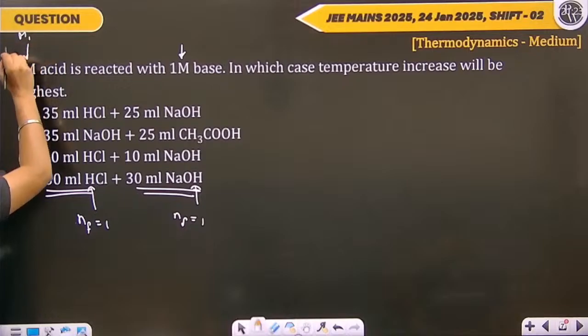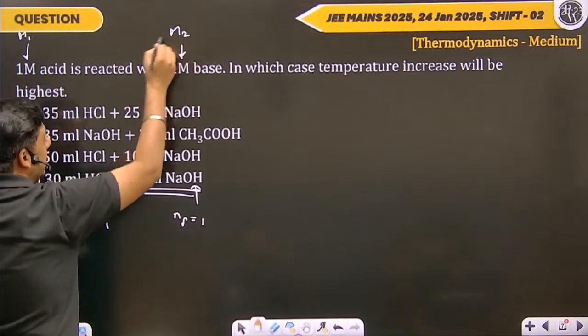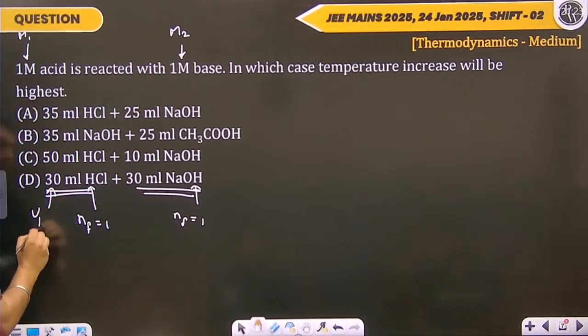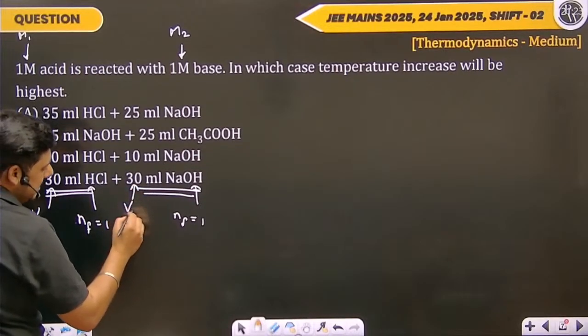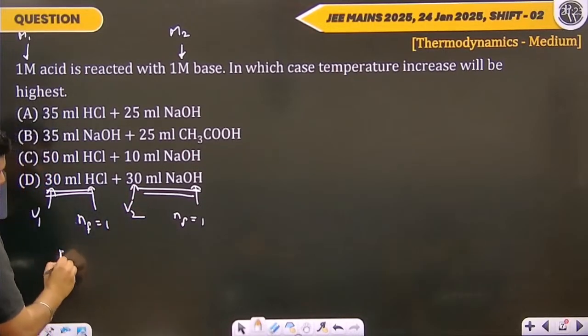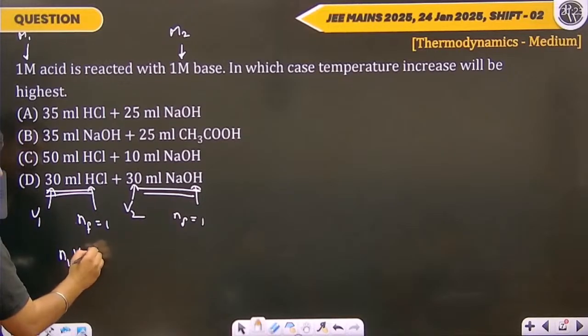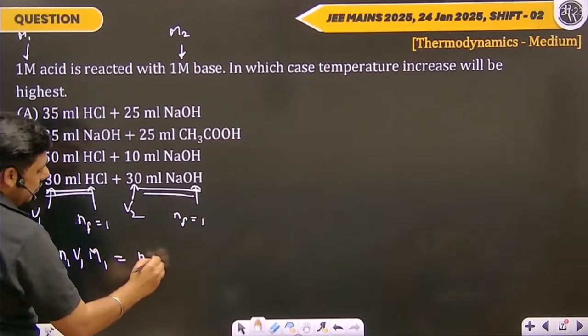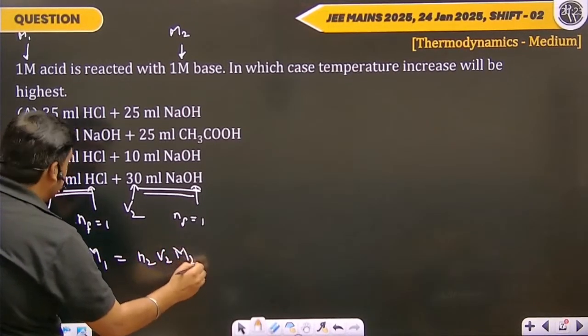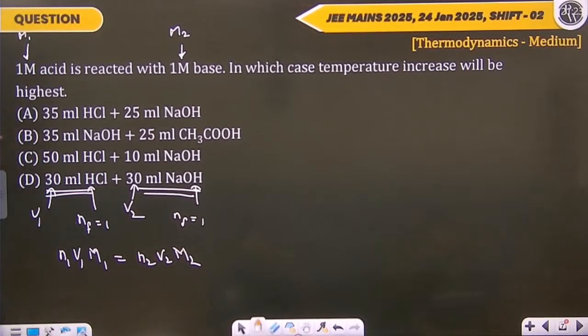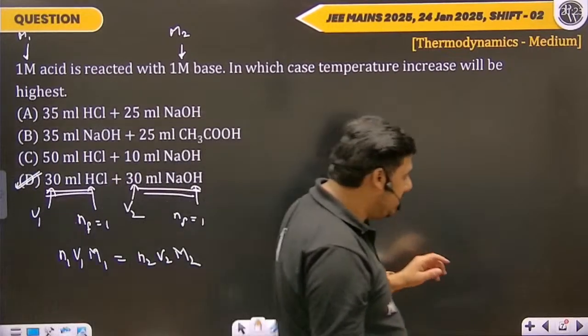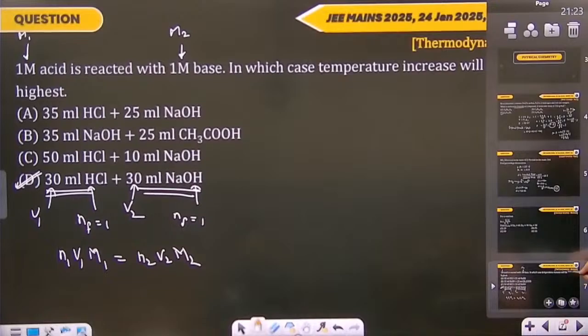Molarity of the acid is 1, molarity of the base is also 1, and the volume of the acid is also 30, volume of the base is also 30. So we can say N1 V1 M1 is equal to N2 V2 M2 in case of the D option. That means here there is going to be complete neutralization and the maximum rise in temperature will be observed in this particular case. So the correct option for this question is going to be D option, right?